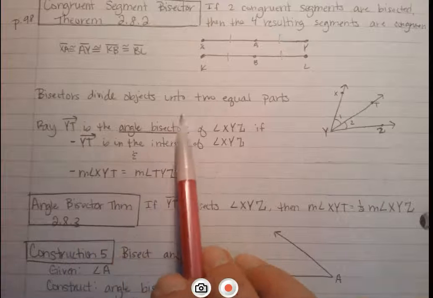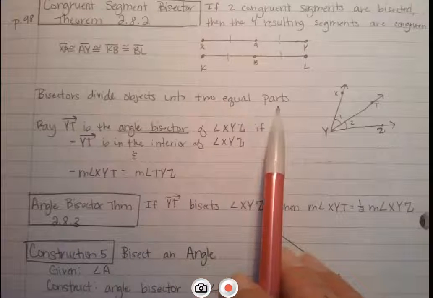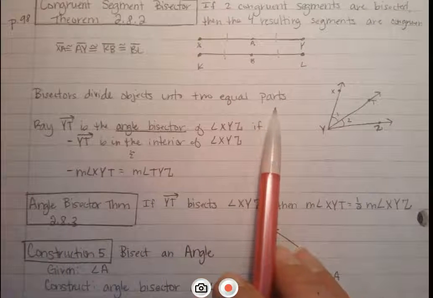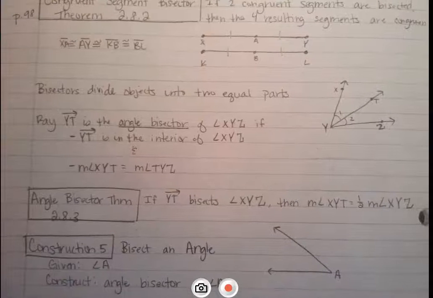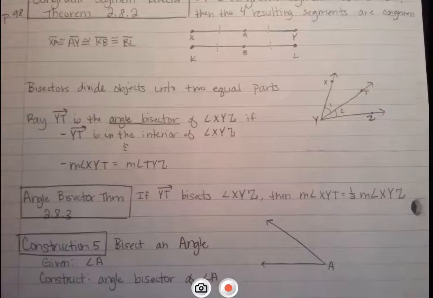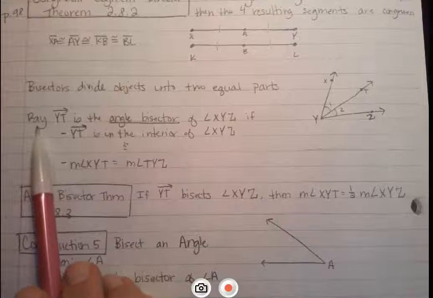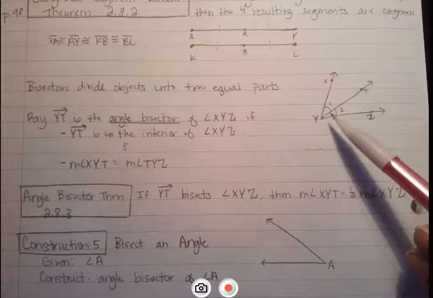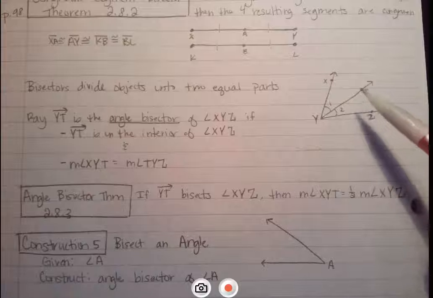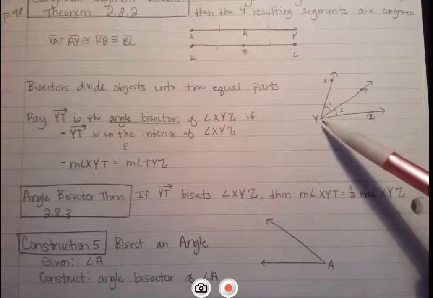Bisectors divide objects into two equal parts. Okay, so we have angle bisectors as well, and not just segment bisectors. So if we look at this one, ray YT is the angle bisector of angle XYZ.